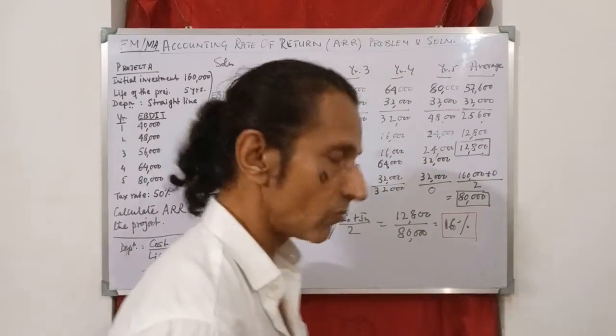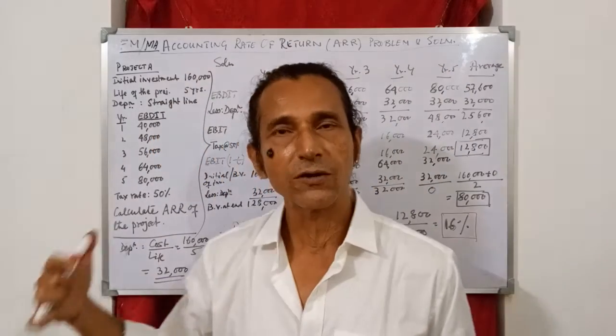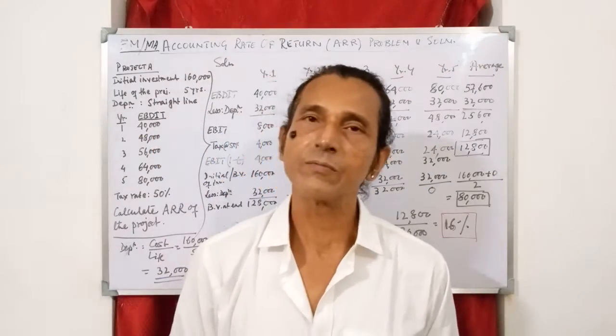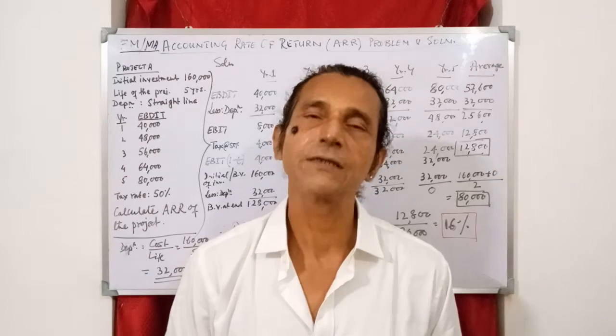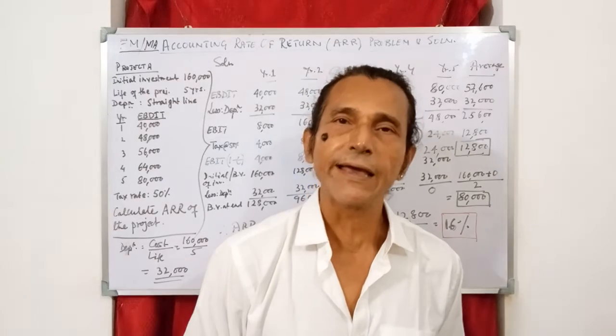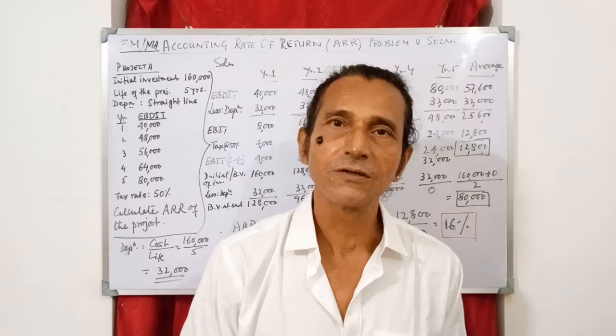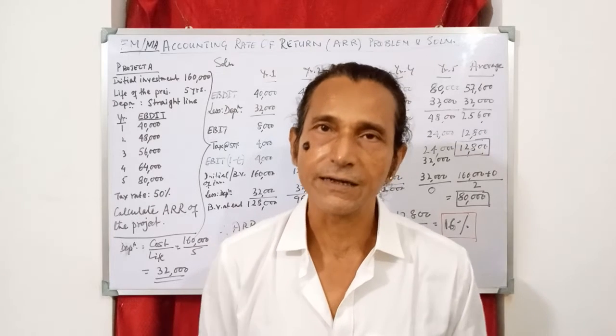Now, what is the criteria for selecting a project according to ARR? The firm must have a predetermined required rate of return. That means the ARR must be at least equal to that rate or greater than that rate.